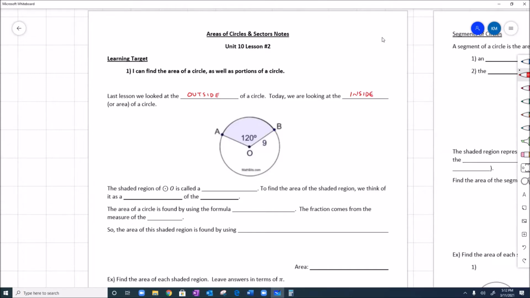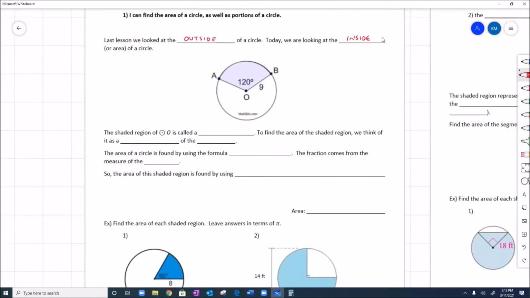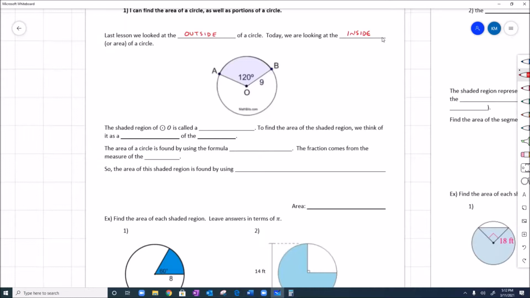The shaded region of a circle is called a sector. To find the area of a shaded region, we think of it as a fraction of the area, similar to how we thought of the length of an arc being a fraction of the circumference.